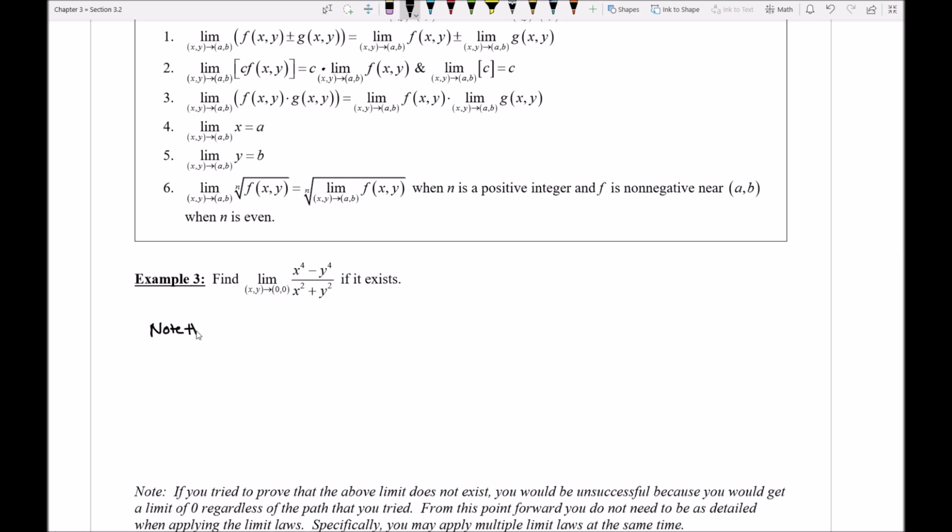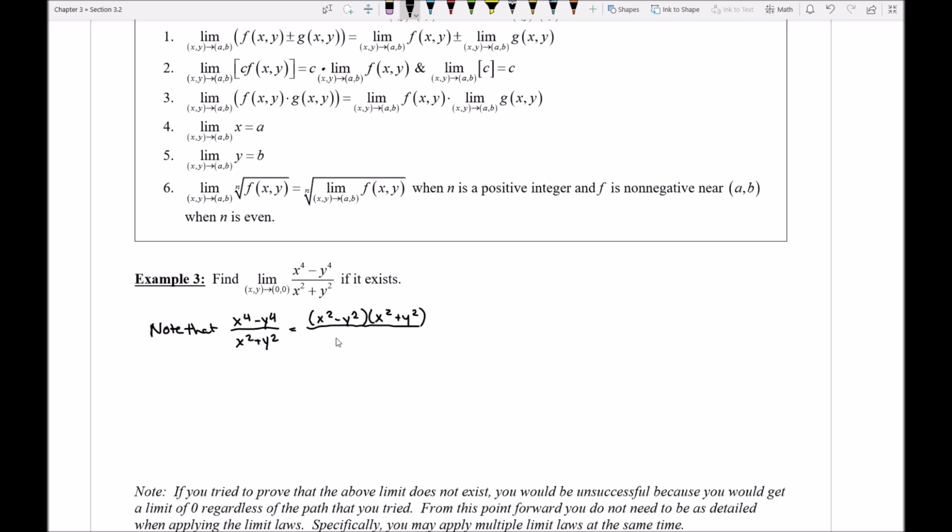So I'll start by saying, note that (x^4 - y^4)/(x^2 + y^2) can be rewritten. I'm just focusing on the inside part. Notice that the top, I actually see here as a difference of squares. I think you could rewrite that as (x^2 - y^2)(x^2 + y^2).